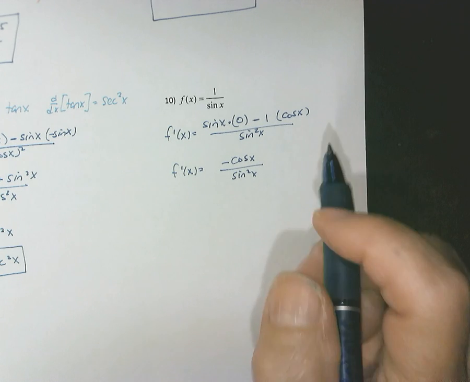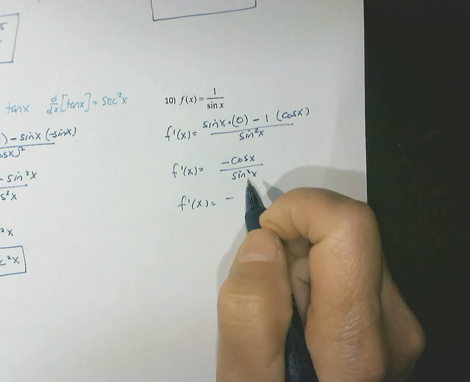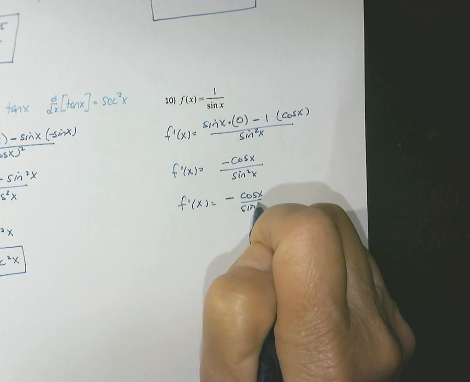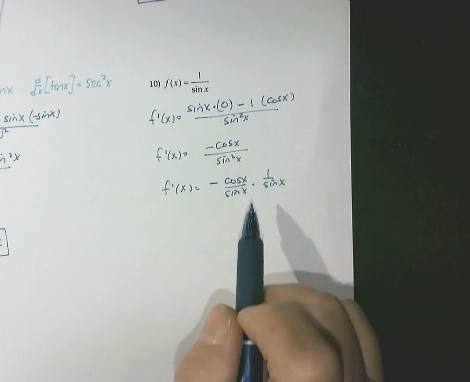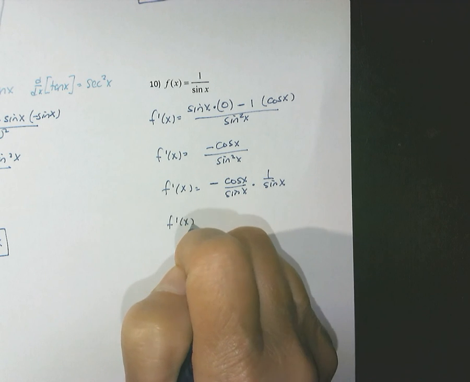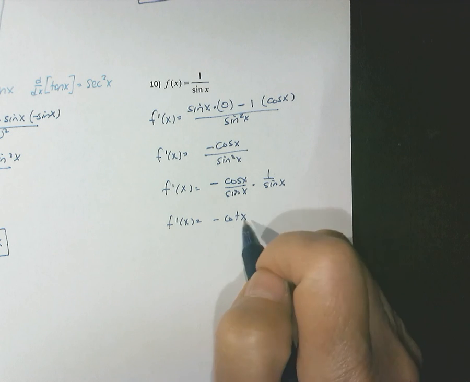Now let's just do a little bit of manipulating. I could say this is equal to negative cosine x over sine x times 1 over sine x. Cosine x over sine x is cotangent x, so this is going to be equal to negative cotangent x. 1 over sine x is cosecant x.